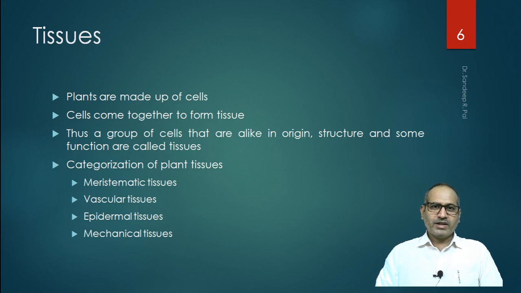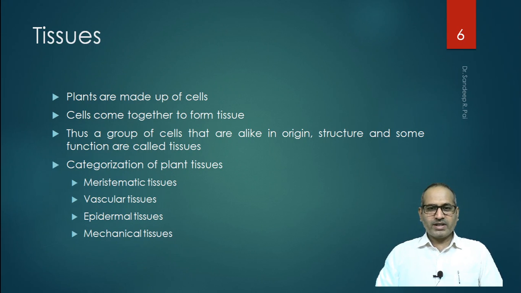Talking generally about tissues, we know that plants are made up of cells, or in other words we also say the unit is a cell. These cells come together to form a tissue.